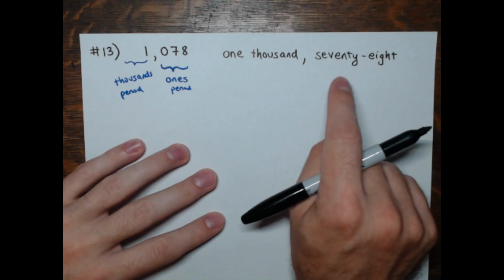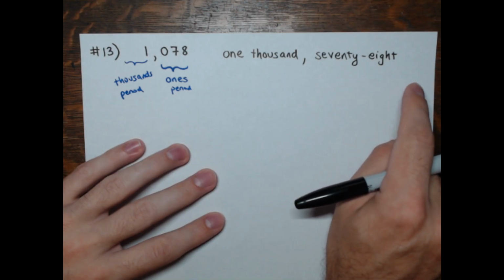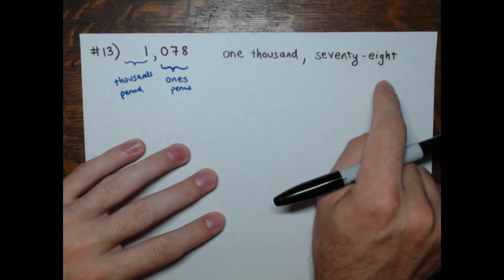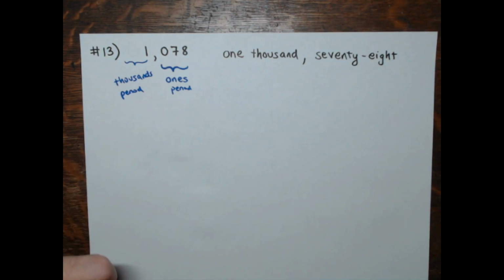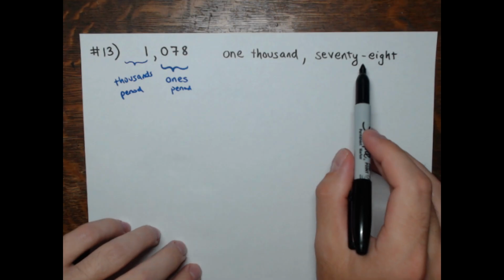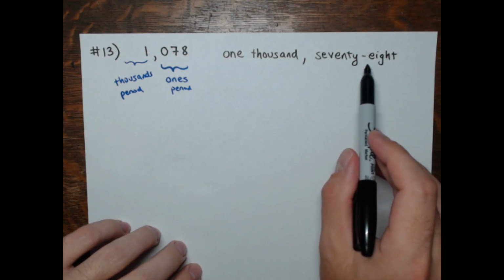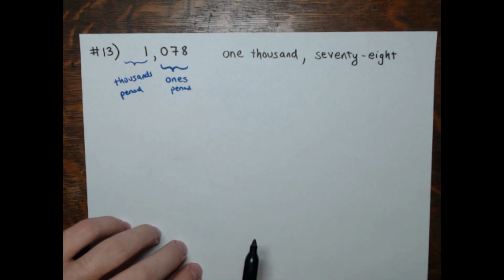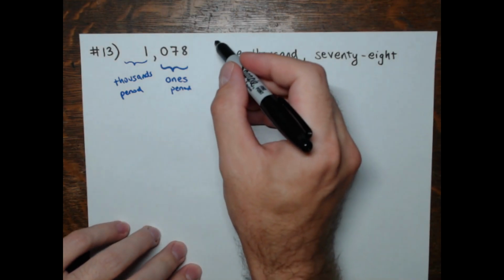So from 21 to 99 will be hyphenated. The only ones that don't get hyphenated are the ones in the teens, 11 to 19, and all the multiples of 10, 20, 30, 40, 50, 60, 70, 80, and 90, which don't need to be hyphenated. It's just the two-digit numbers that get hyphenated like this. So seventy-eight. And that is that.